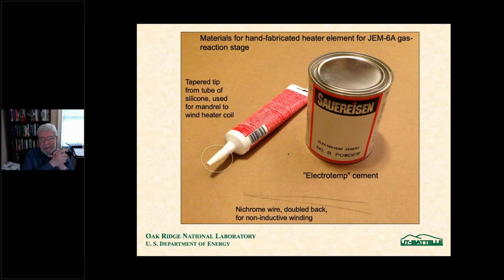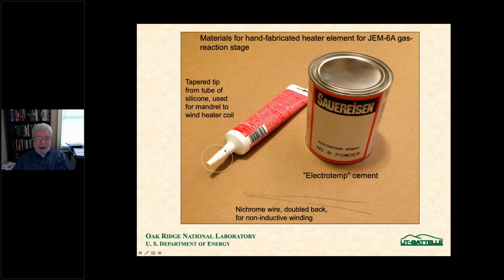To compare the heating technology of those days to the heating technology of today, I remembered how I made these things. Some time ago, I got all the parts together. We had some new stuff called silicone.